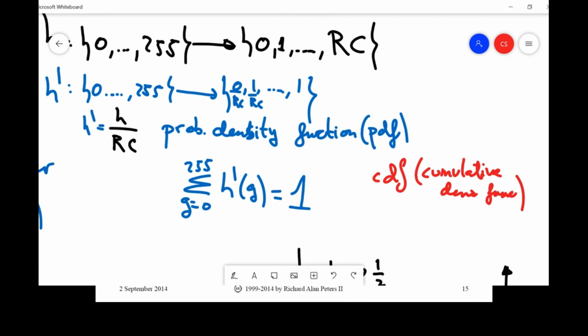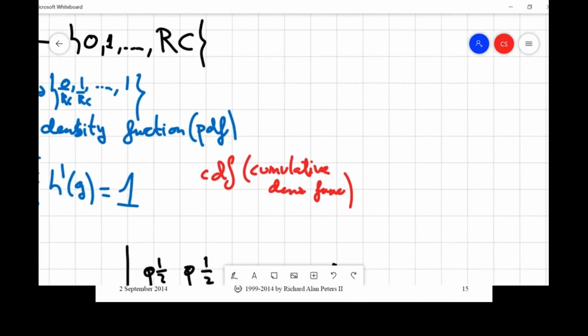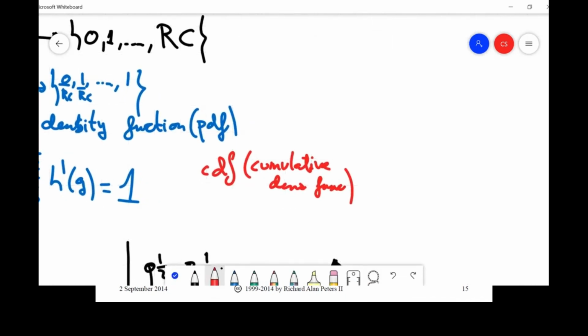Now let's define the random variable I. We are abusing the notation a bit, okay? So we say PDF. The PDF can only be computed of a random variable, but now our image will be a random variable.